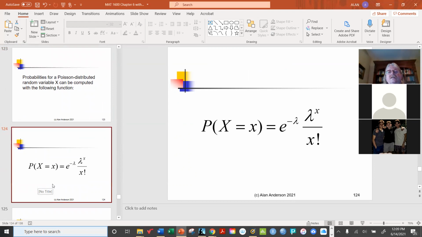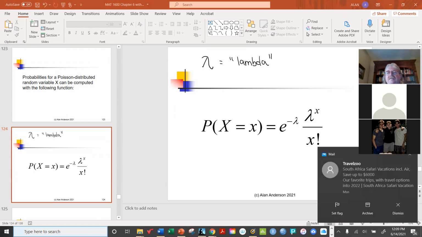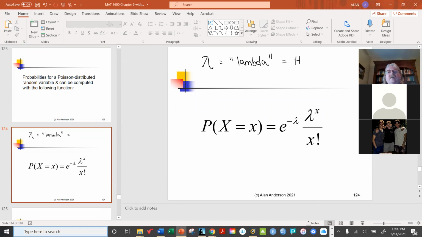First of all, this is a new Greek letter. This is the Greek letter lambda. And here it will be interpreted to mean the average number of events per unit of time.